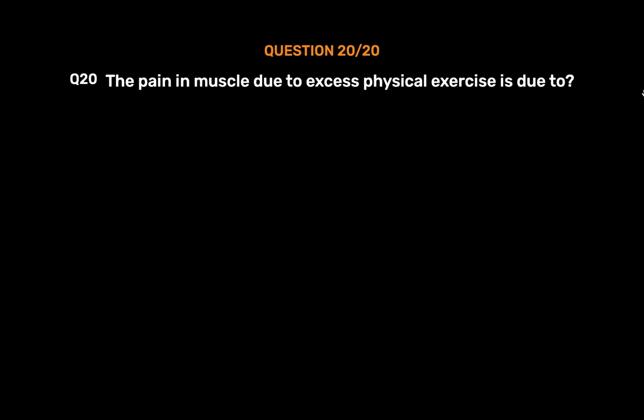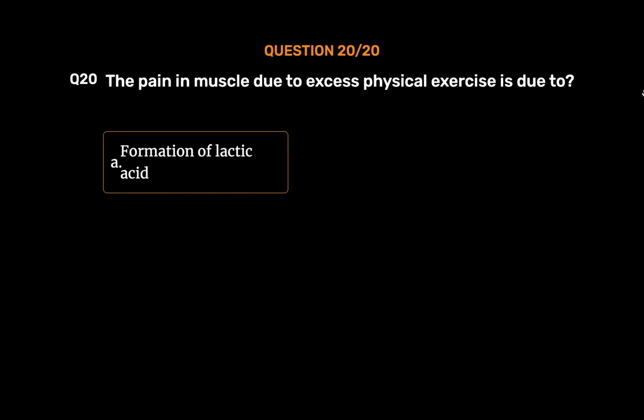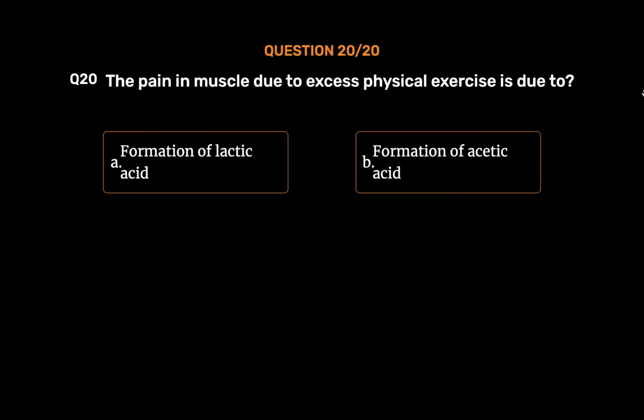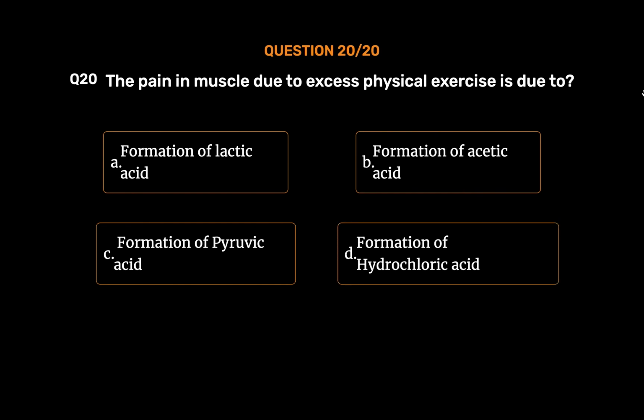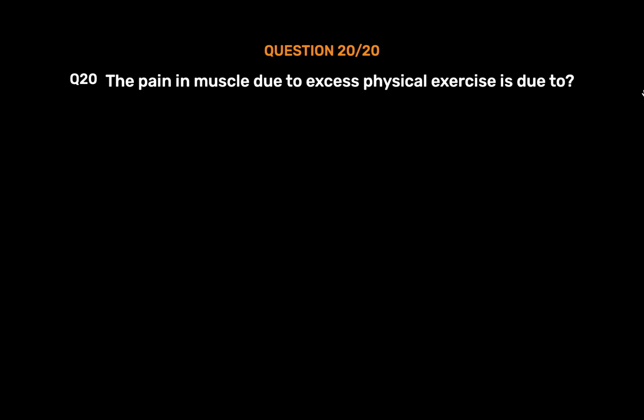Question number 20. The pain in muscle due to excess physical exercise is due to option A. Formation of lactic acid. Option B. Formation of acetic acid. Option C. Formation of pyruvic acid. Option D. Formation of hydrochloric acid. The correct answer is option A. Formation of lactic acid.